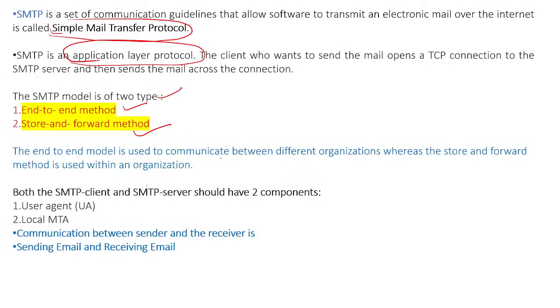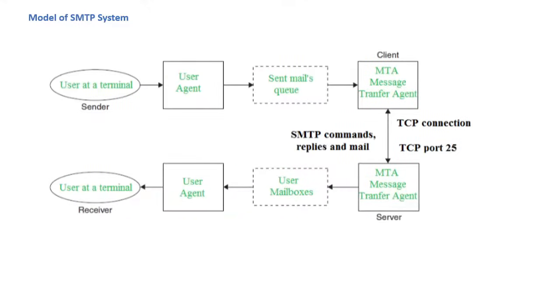The end-to-end model is used for communication between different organizations, and here there are the user agent and local MTA. How do they work? User terminal, sender, then user agent, then it sends the mail into the queue, then in between the client is the MTA, the message transfer agent.